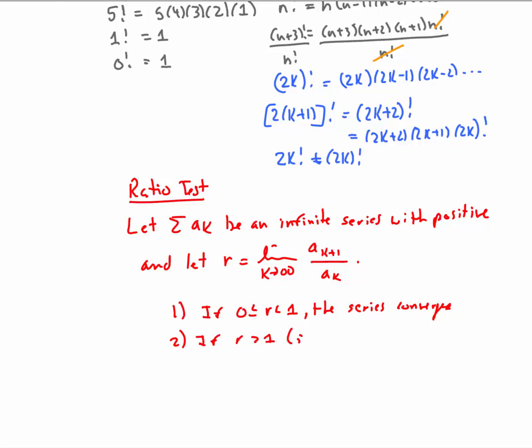Now r greater than 1 includes infinity. So if we get a limit that's infinity, we would be in this case, and the series diverges. The only case that we haven't covered is if r equals 1. If r equals 1, this test is inconclusive, and I would have to try some other test.